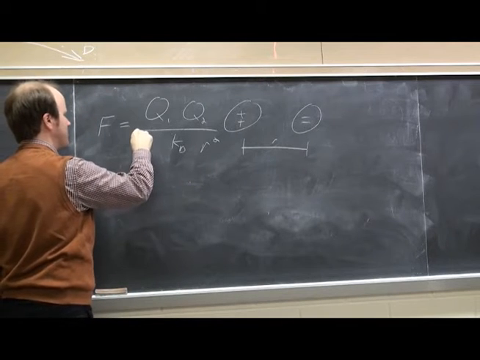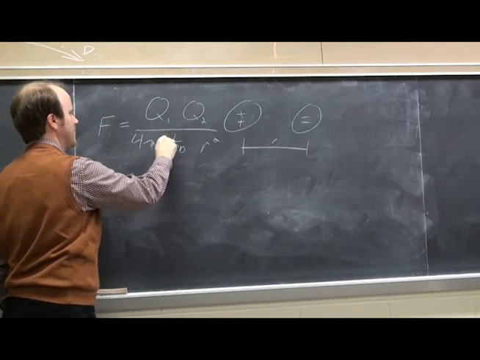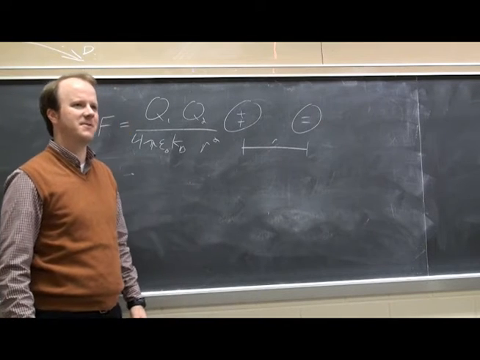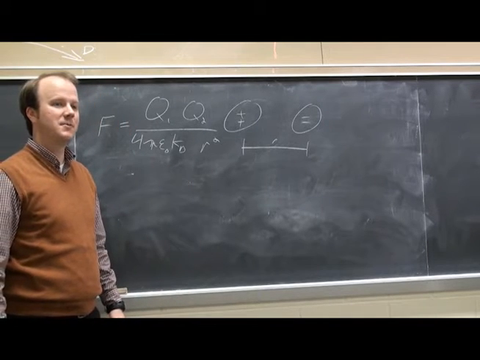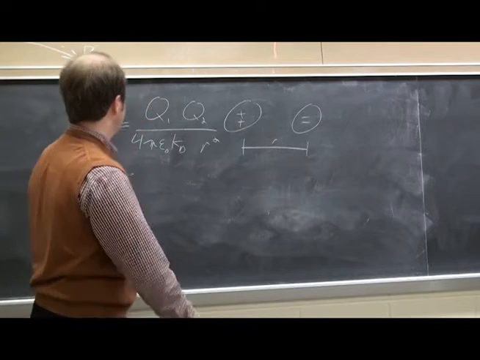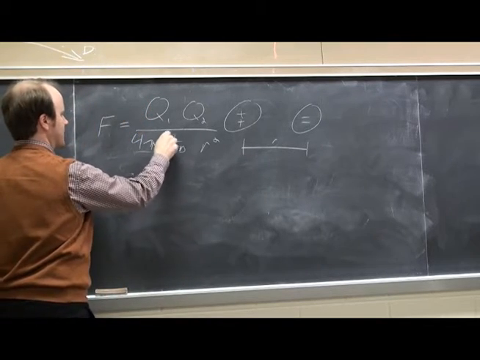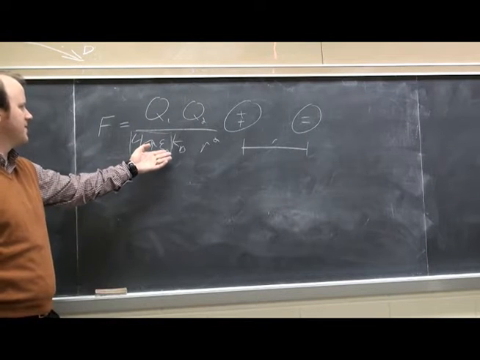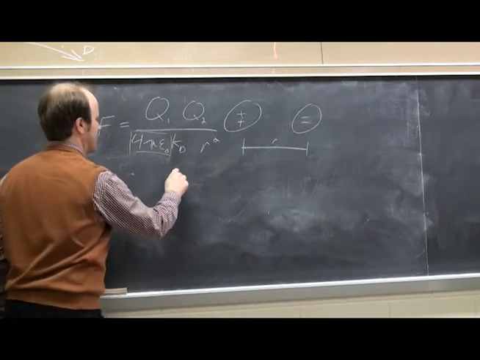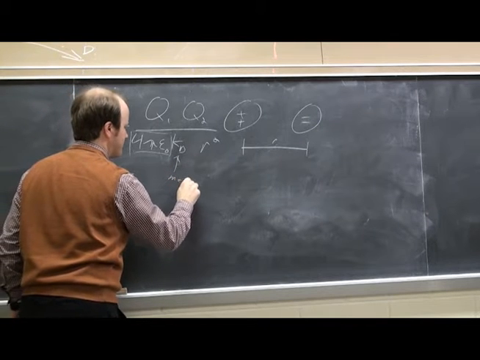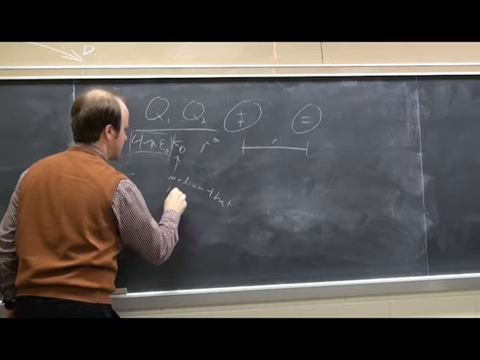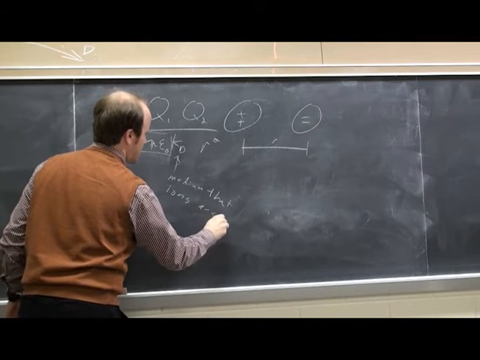What am I missing? There's some 4 pi E0. Is that it? I don't have the equation in front of me. Those are just constants besides E naught. All of these are constants right here. E naught is vacuum permittivity. Dielectric constant is the medium that ions are in.